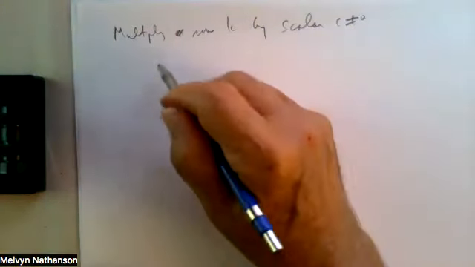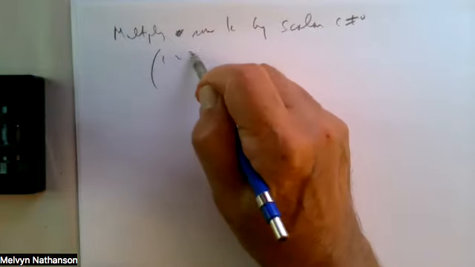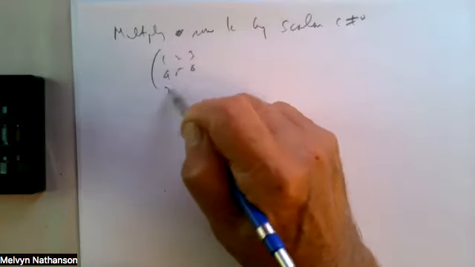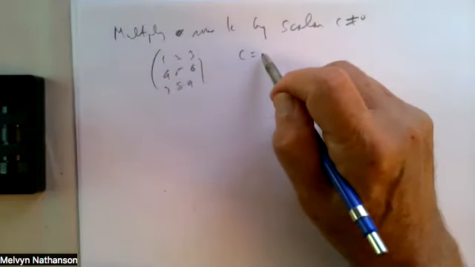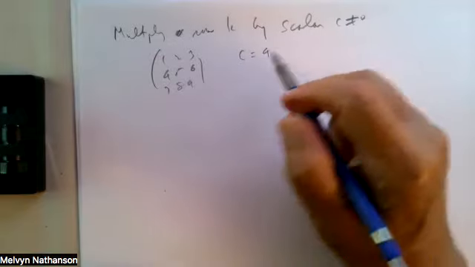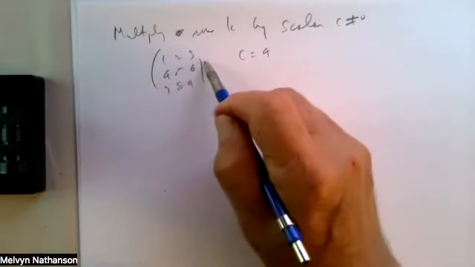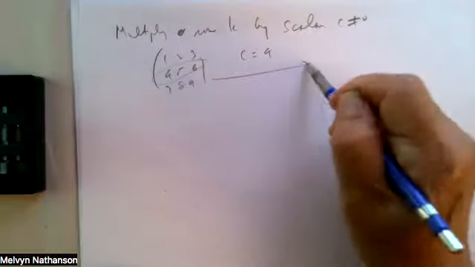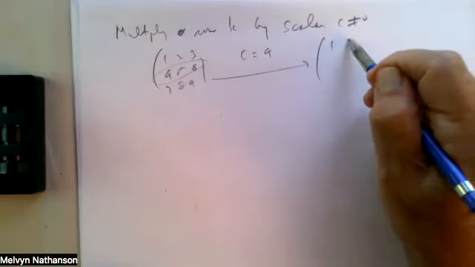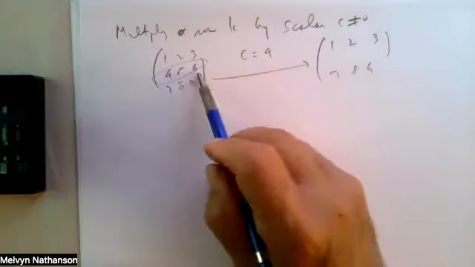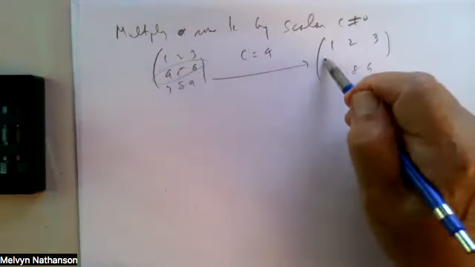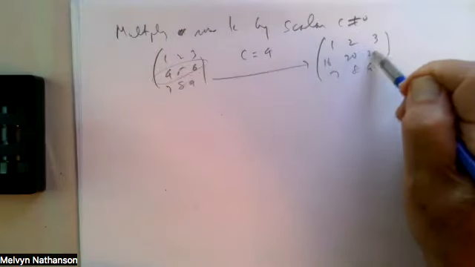Suppose you had the matrix 1, 2, 3, 4, 5, 6, 7, 8, 9, and we take c to be 4. If you multiply the second row by 4, the first row doesn't change, the third row doesn't change, but you multiply every number in this row by 4, you get 16, 20, 24.